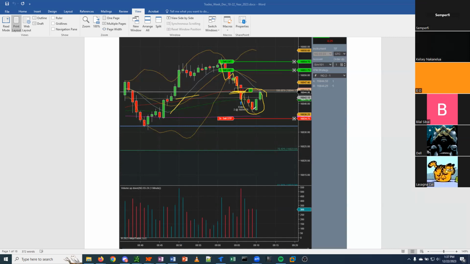So you wait for that candle to close, right? Just pretend this is a 50 right here. And then you got the 10 right here, right? The 10-50 cross over here, and it's going like that.